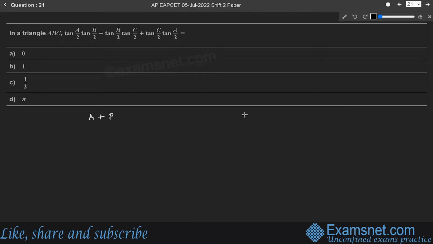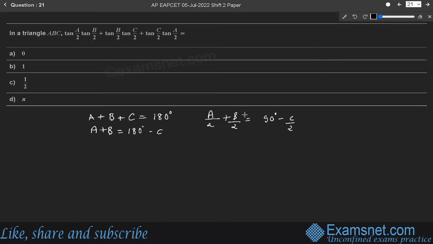It means that A plus B plus C is equal to 180 degrees. So we can write it as A plus B is equal to 180 degrees minus C, or we can write that A by 2 plus B by 2 will be equal to 90 degrees minus C by 2.